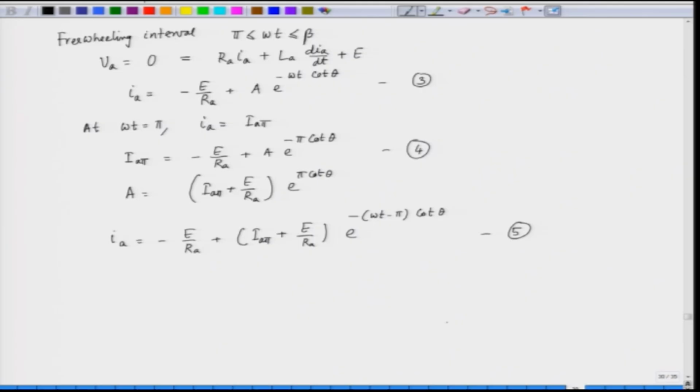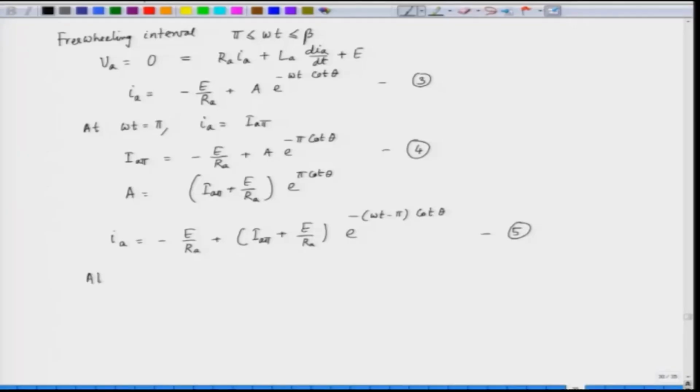Now, at the end of the freewheeling interval, this current is equal to 0. So, we can substitute that again to find the value of beta. So, at omega t equal to beta, where beta is the extinction angle, I_A is equal to 0. So, we can say that 0 is equal to minus E by R_A plus (I_A(pi) plus E by R_A) exponential of minus (beta minus pi) cot theta.